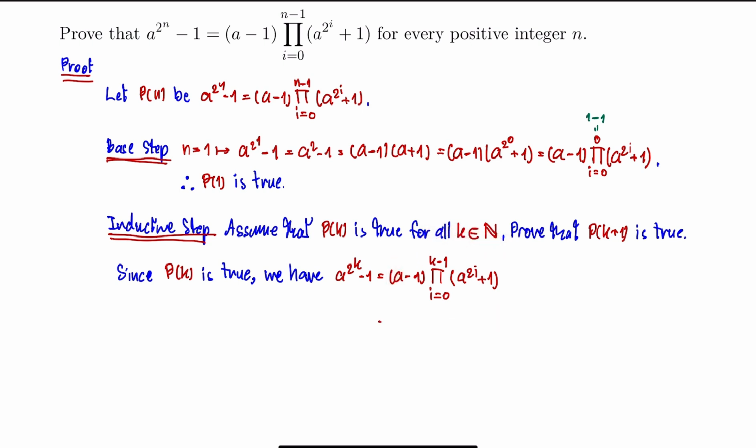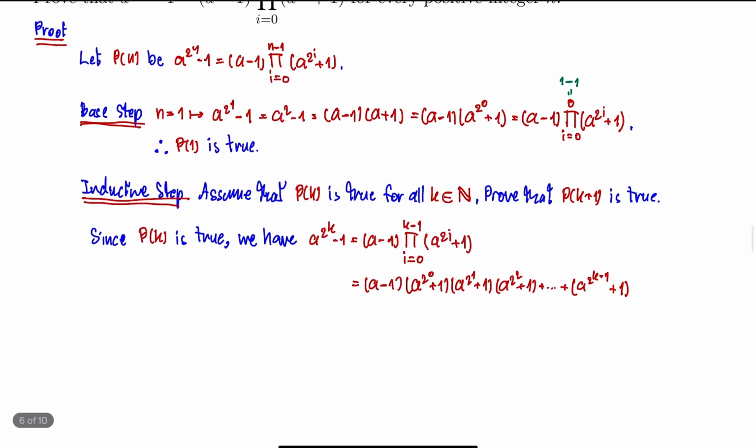We have a minus 1 times a to the 2 to the 0 plus 1, a to the 2 to the 1 plus 1, a to the 2 to the 2 plus 1, and all the way to a to the 2 to the k minus 1 plus 1. So we have a minus 1 times a to the 2 to 0 is 1, a to the 2 plus 1, a to the 4 plus 1, and all the way to a to the 2 to the k minus 1 plus 1.